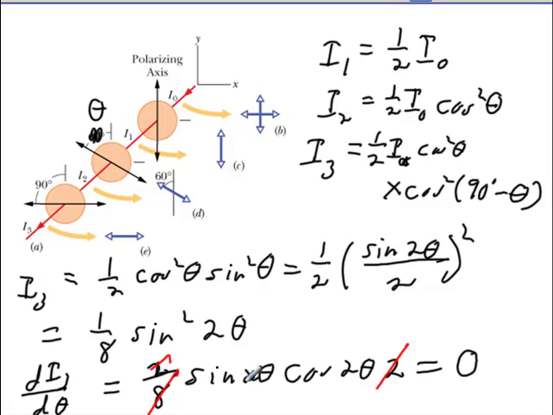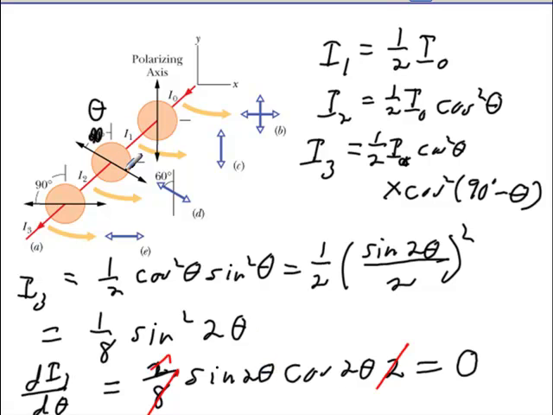But at 0 degrees, if theta is 0 degrees, then this polarizer is aligned with this one, which is still 90 degrees from this one, and no light gets through. Sine of 2 theta will again be 0 at theta equals 90 degrees, so that 2 theta is 180 degrees.